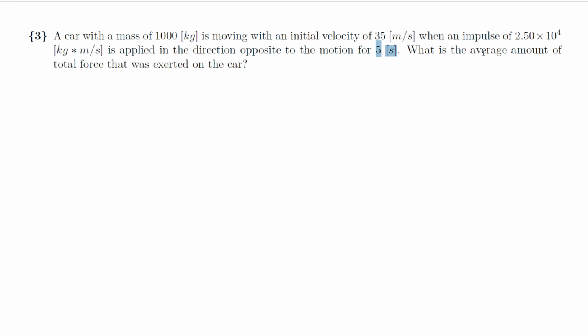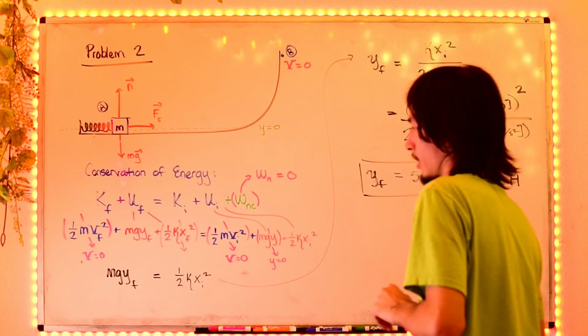What is the average amount of total force that was exerted on the car? So this deals with impulse. This is regarding momentum. So we're going to recall what momentum is and what impulse is and how they relate to each other.